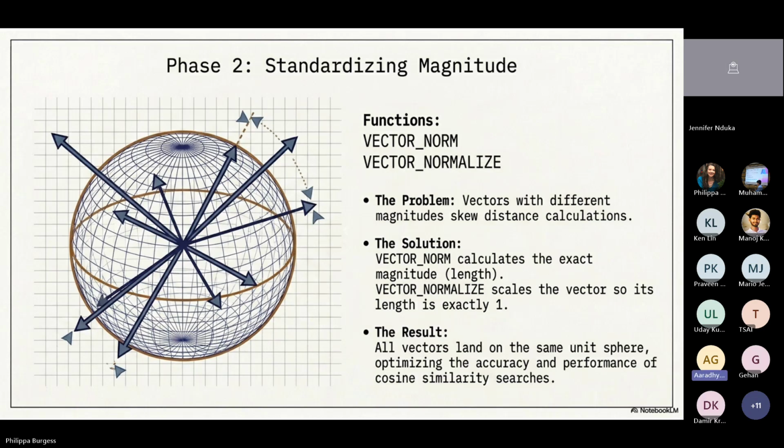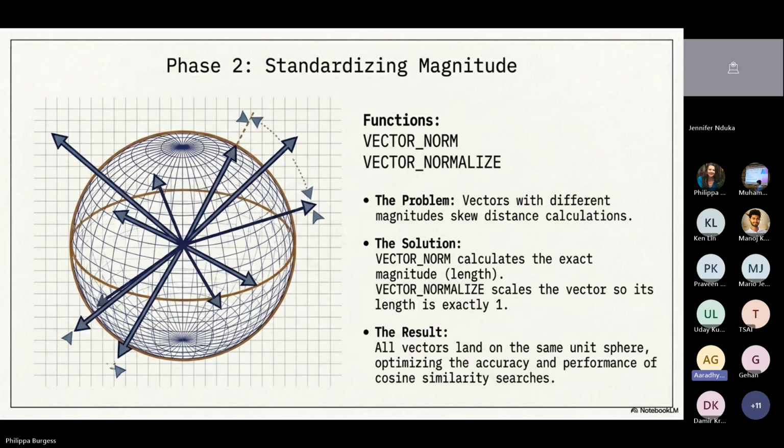When an embedding model outputs a vector, each number represents a coordinate, but the overall length, or overall magnitude, of that vector can vary drastically.